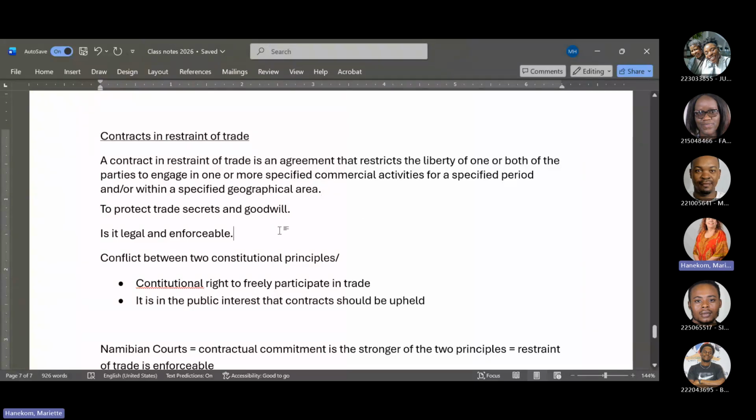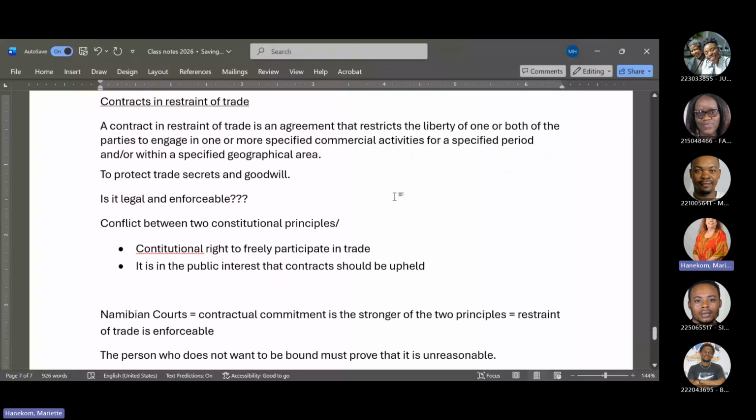Now the question arises, this restraint of trade, is it actually legal and enforceable? Why do we ask this question? Because if we start looking at a restraint of trade, this agreement restraining somebody's right to participate in their trade of choice actually brings in conflict two constitutional principles.